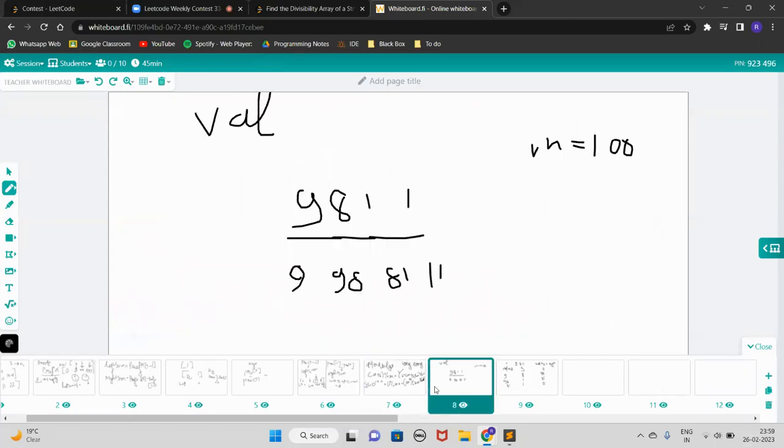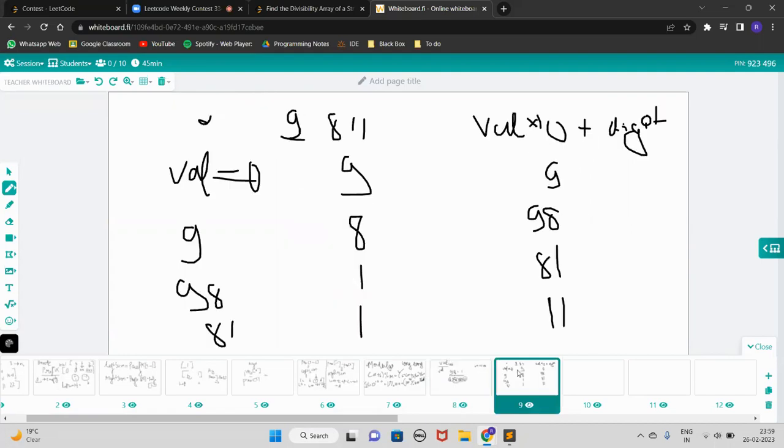Okay. Now after that, what we are doing is we are finding out the value of every prefix, which we are storing in a variable known as val. So for this string, the value of every prefix would be equal to 9. Then the next one would be 98, then 81, then 11.